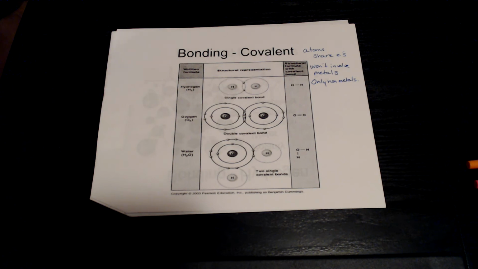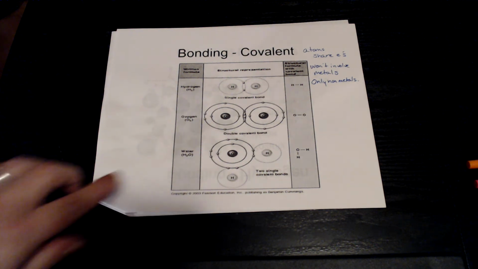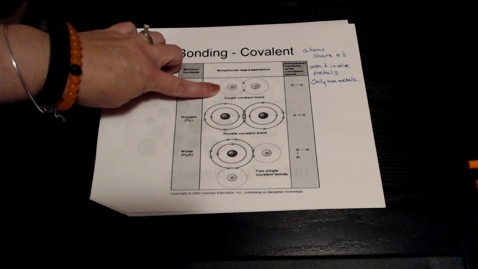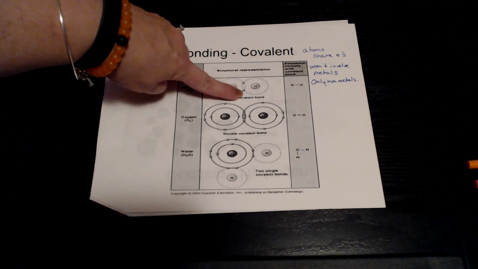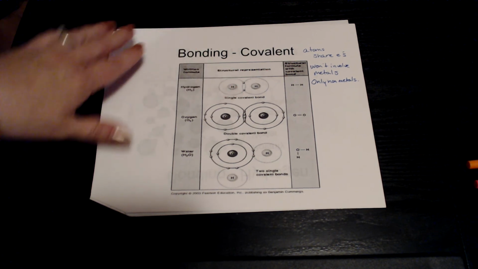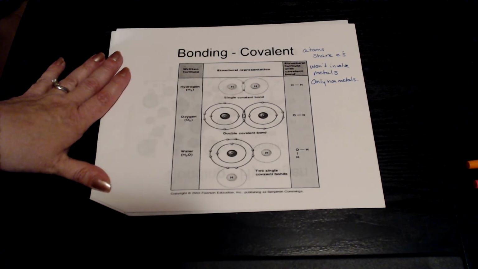Okay, so in our diagram here in your notes, we have two of the diatomic molecules, which are covalently bonded to each other, and we have good old water. In this example, we have hydrogen, and in each hydrogen atom, there is one electron floating around in that outermost shell.